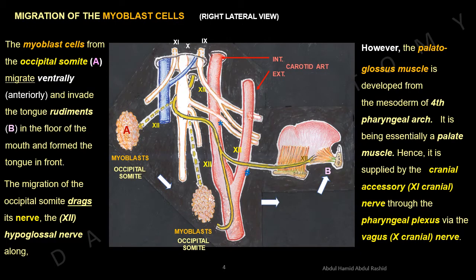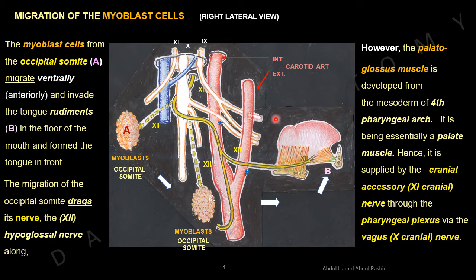Migration of the myoblast cells. The diagram shows blood vessels and a few cranial nerves. Posteriorly, that is on the dorsal side, are myoblast cells from the occipital somite. In front is the final location of the tongue.